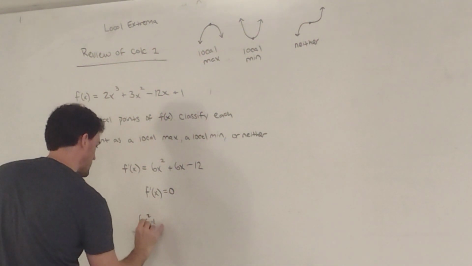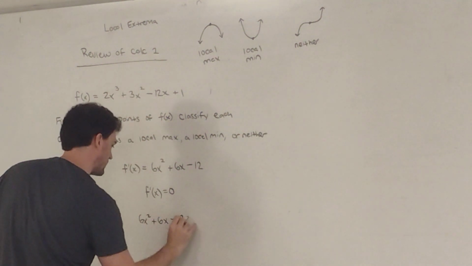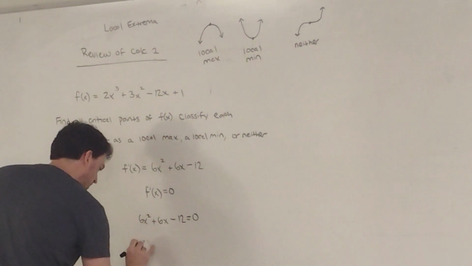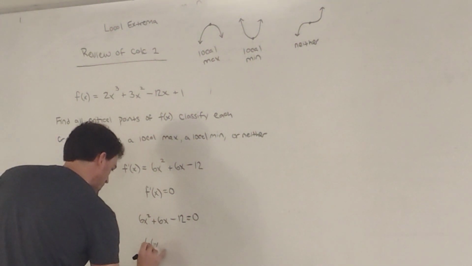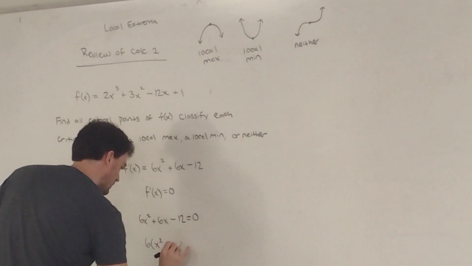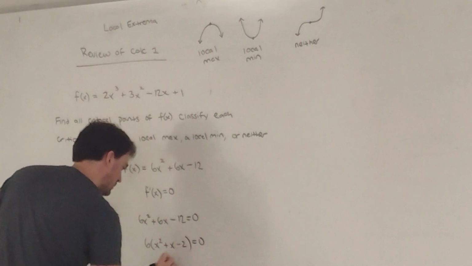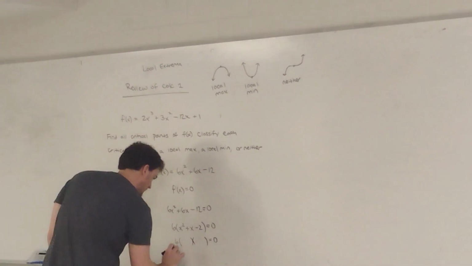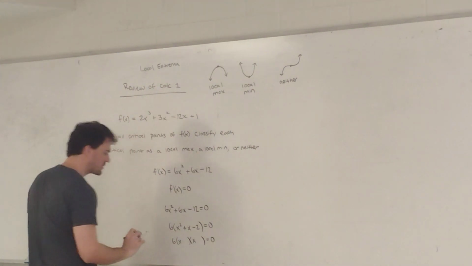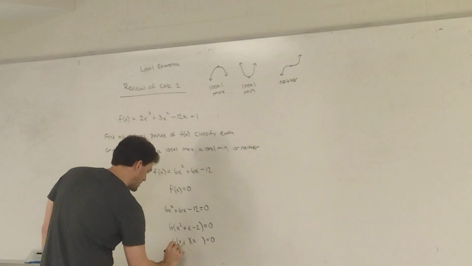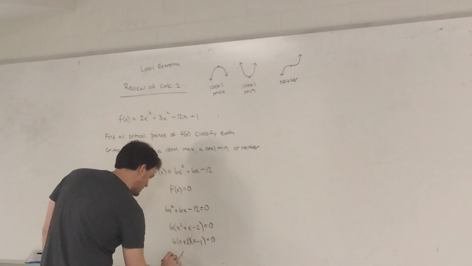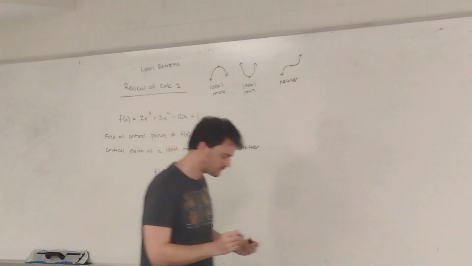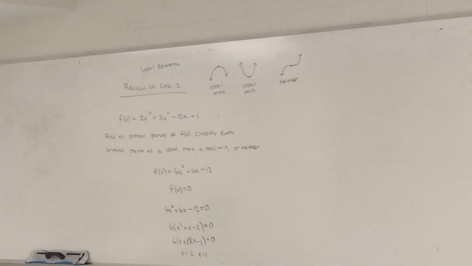So that's 6x squared plus 6x minus 12 equals 0. I'm going to solve this by factoring. It looks like there's a 6 in everything. Two numbers that multiply to negative 2 and add to 1: positive 2, negative 1. So I get x equals negative 2 and x equals 1.